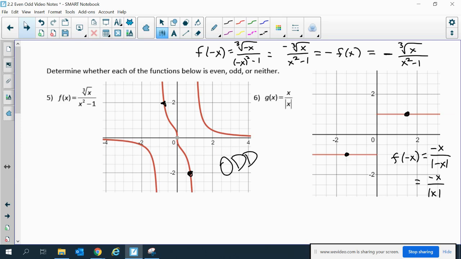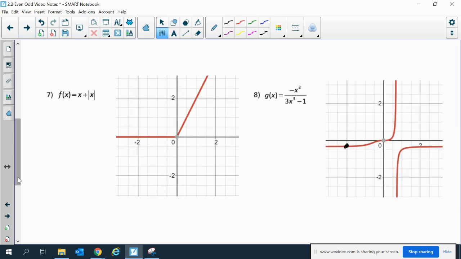The reason we know that the absolute value of negative x is equal to the absolute value of x is that whatever we substitute into the absolute value, like if I substitute negative 3 in for x, it does not matter whether I substitute it into either one of these. It ends up being exactly the same. So that means this is exactly equal to negative x over the absolute value of x, which is the opposite of f of x. So this is also an odd function.